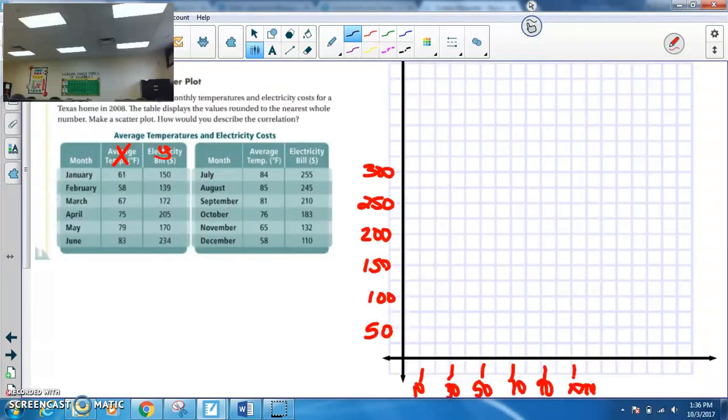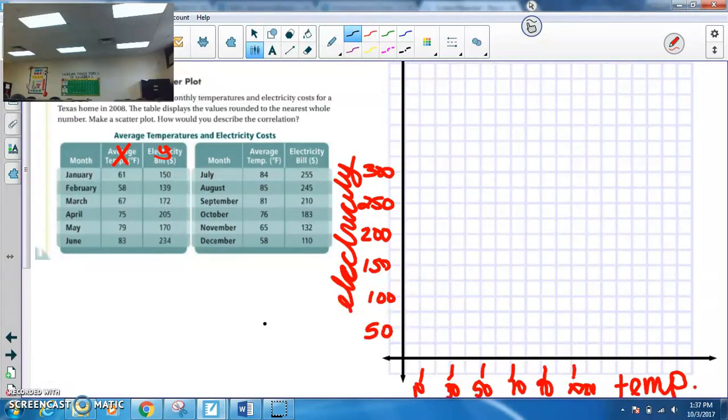So I created a coordinate plane with the values on my x and y axis. My y axis is electricity bill, and my x-axis is temperature.